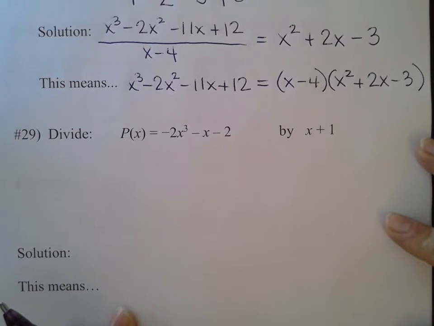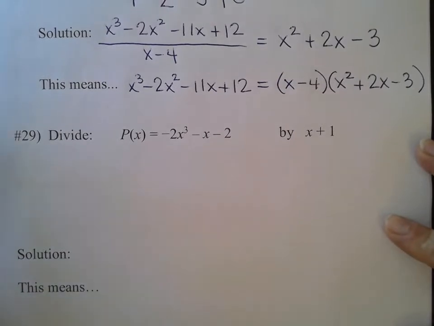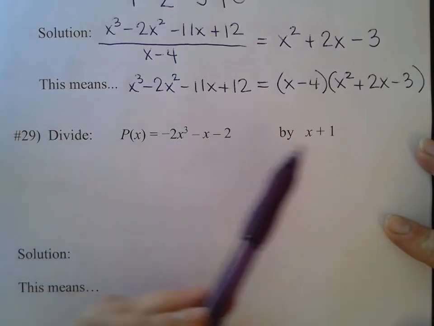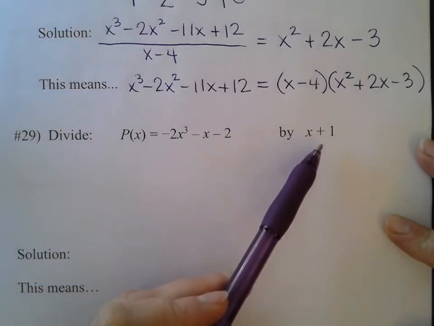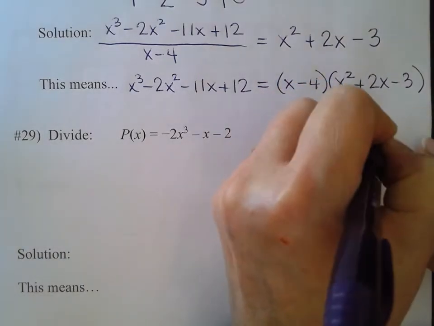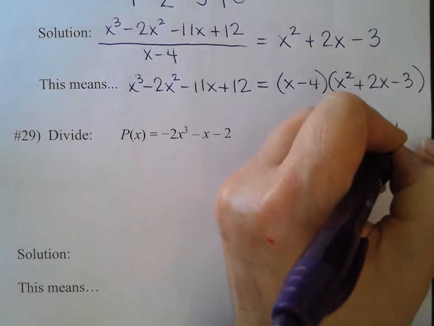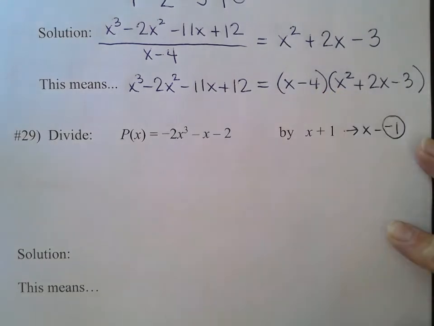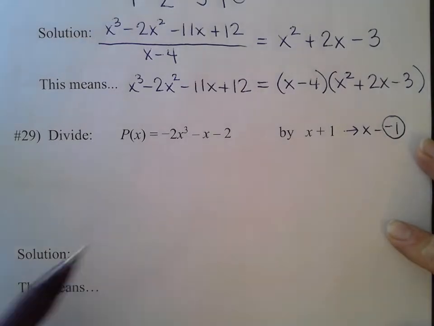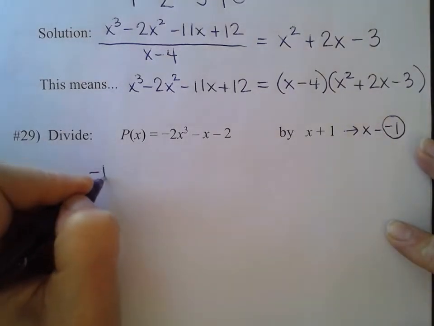This actually is coming from your book in this section. It's number 29. So we're going to divide this polynomial by x plus 1. If you want to, you can think of this as x minus negative 1. And this is the number that's going to be going on the outside. Okay, or you could set the factor equal to 0, and that would give you the number that's going to be on the outside.